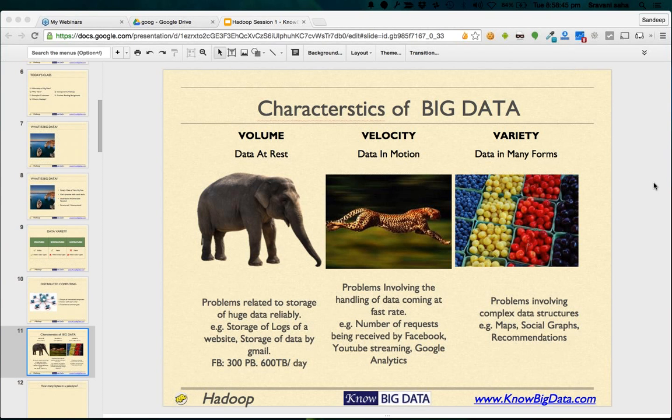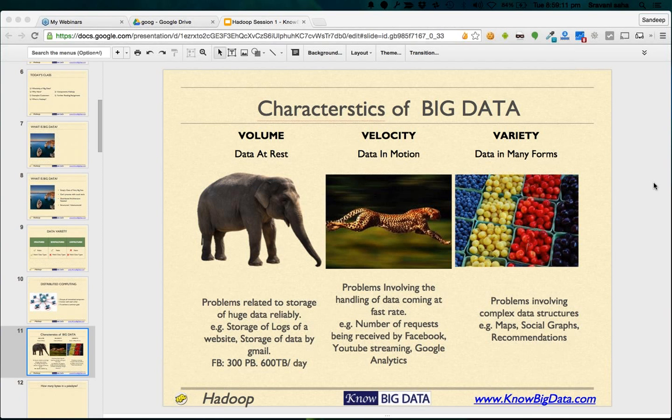For example, if your data is a graph, and in this graph you have to find a path from one place to another, that's a variety of data. Variety of problem or variety of data, it's the same thing. Or you are given a big social graph, and you compute the total number of people who are connected to you and who are connected to them, and so on.